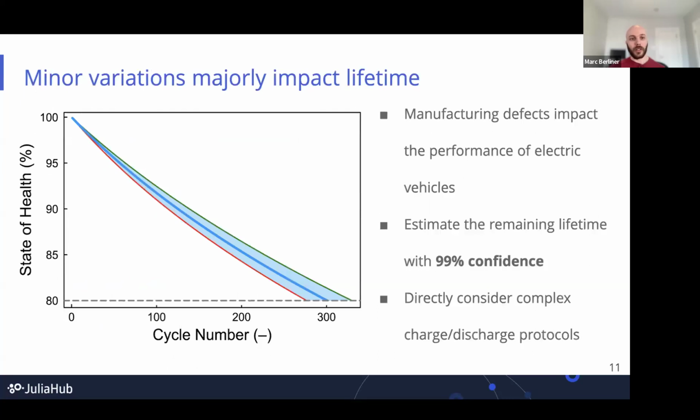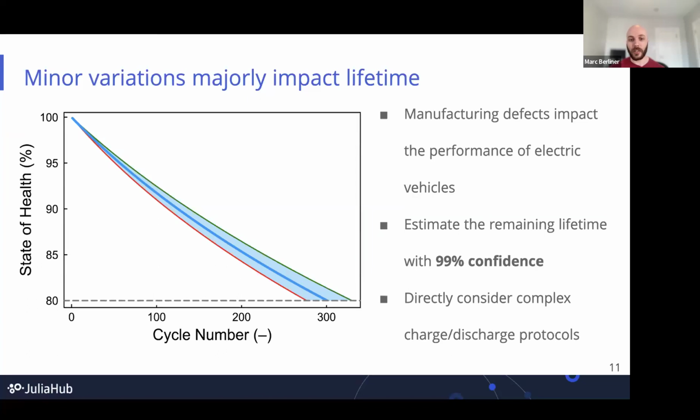Another important part of JuliaSim Batteries that we've mentioned in a few of these previous webinars is modeling some of this manufacturing variation, which you can see affects the lifetime of your system. This example affects the state of health as we change just a few key parameters of your system that vary in manufacturing.